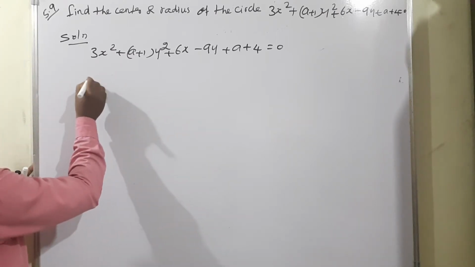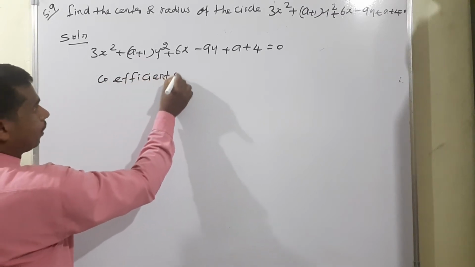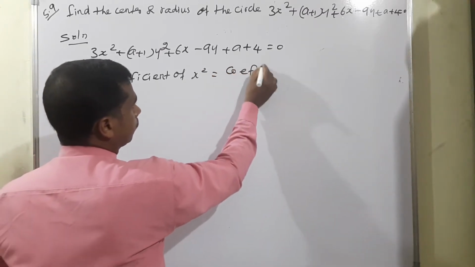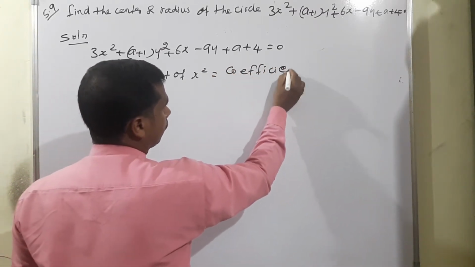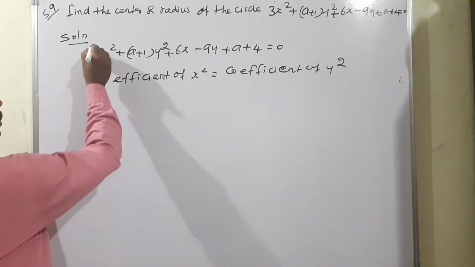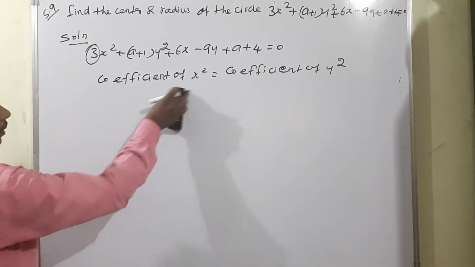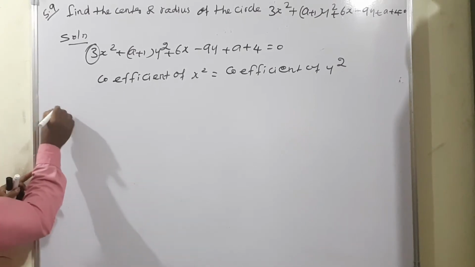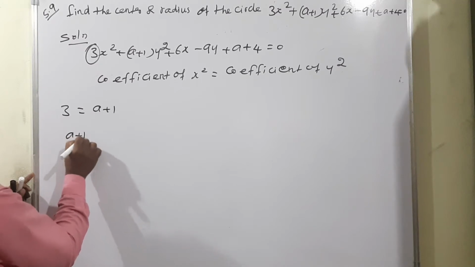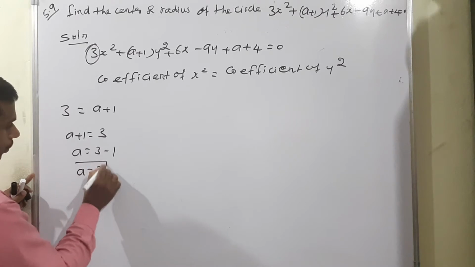So the coefficient of x square is 3, equal to the coefficient of y square, a plus 1. Therefore a plus 1 is equal to 3, which means a is equal to 2, isn't it?